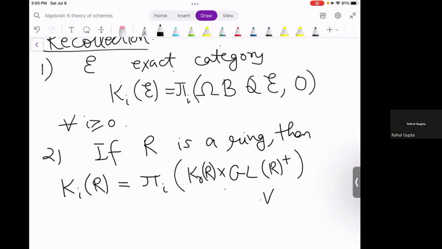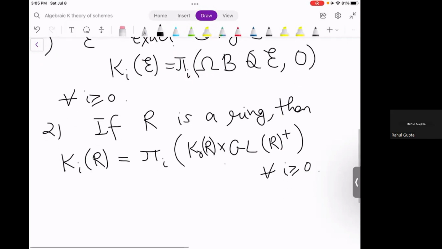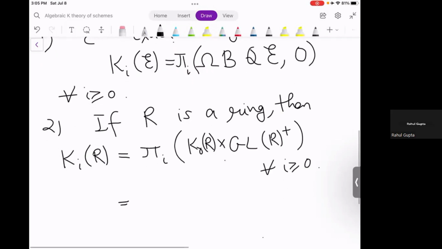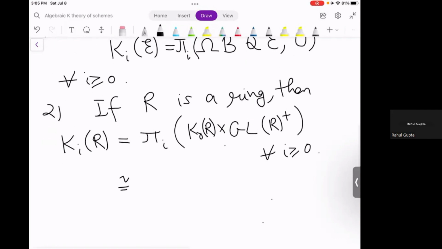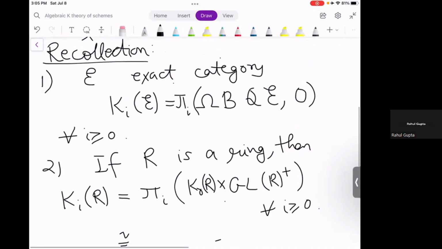This was the definition of the higher K-groups of a ring. And you have seen the statement, at least in the proof, that these groups are isomorphic to the Quillen K-theory of an exact category, so let me put a Q here to say Quillen K-theory of an exact category.